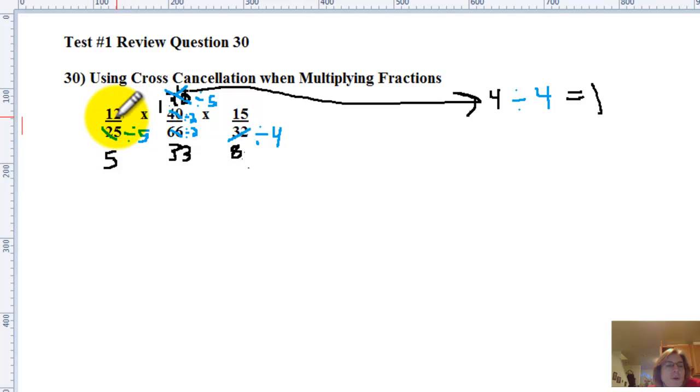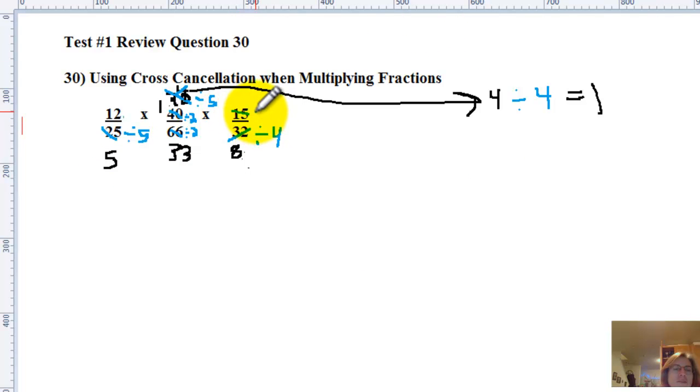And now we have 12, 1, and 15. Let's look at more reducing, cross on a diagonal, or cross cancellation. 12 can be divided by even numbers. We have 15 on top and a 5 on the bottom, so let's do that one.